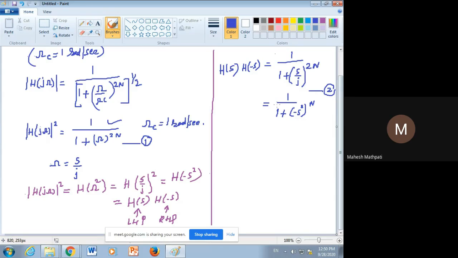That is, we can write it as 1 plus (minus s square) to the power n is equal to 0.